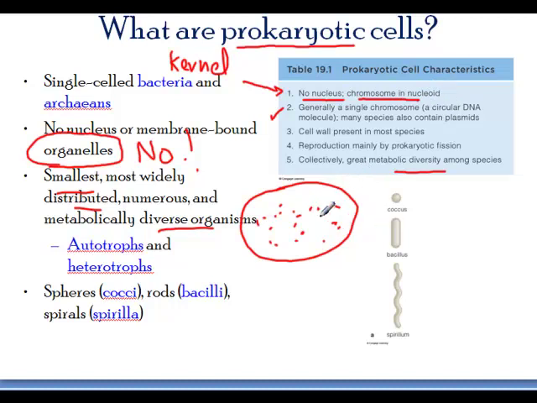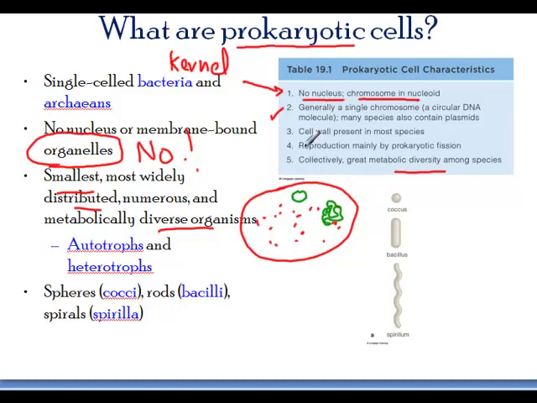By nucleoid I mean that some part of the cell will have a cluster region that would be like a free-floating chromosome. Sometimes they have a single chromosome, and sometimes it can be in a circular form.